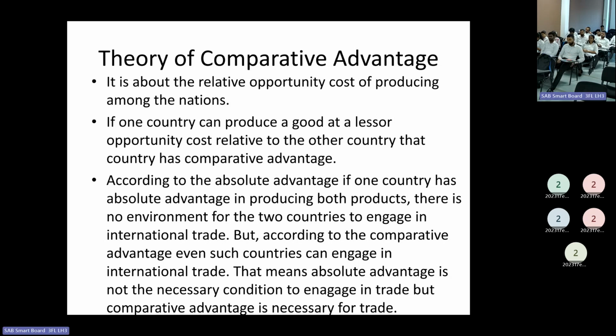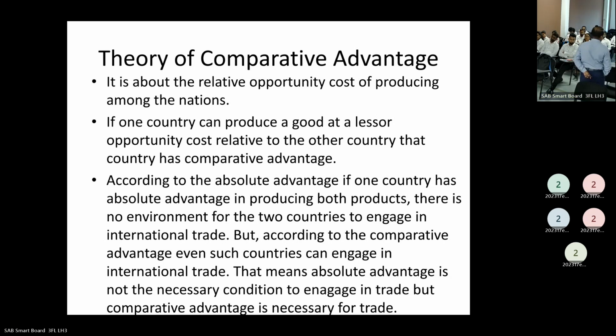Now, according to the absolute advantage, what happens if one country has absolute advantage in producing both products? According to the absolute advantage, a country which has a lower absolute cost has absolute advantage compared with the other nation. So suppose one nation has absolute advantage in producing both products.